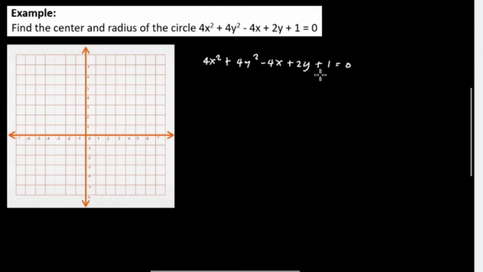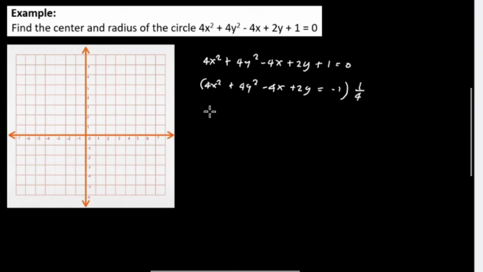Transpose the constant, that's positive 1, to the right, that's negative 1. So 4x squared plus 4y squared minus 4x plus 2y is equal to negative 1. And divide everything by 4, or 1 over 4.